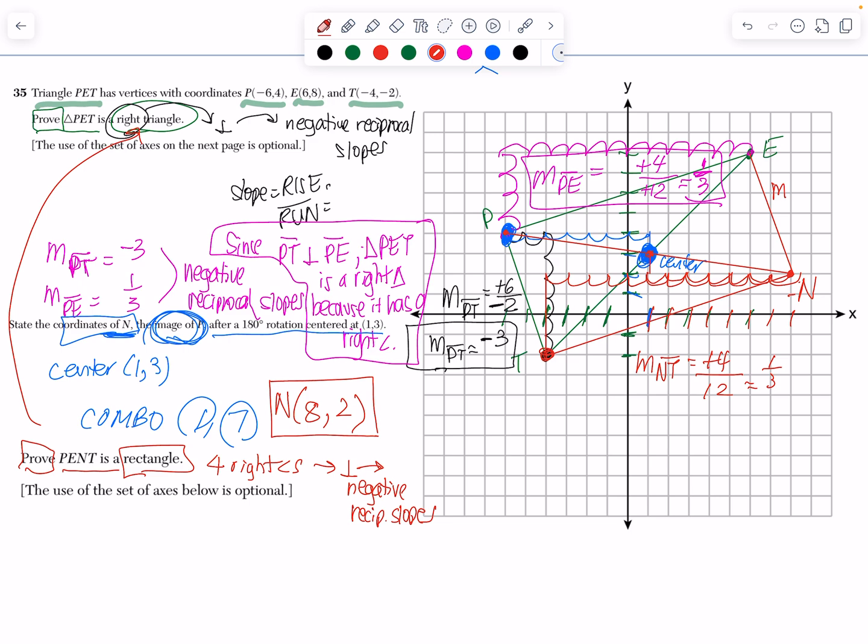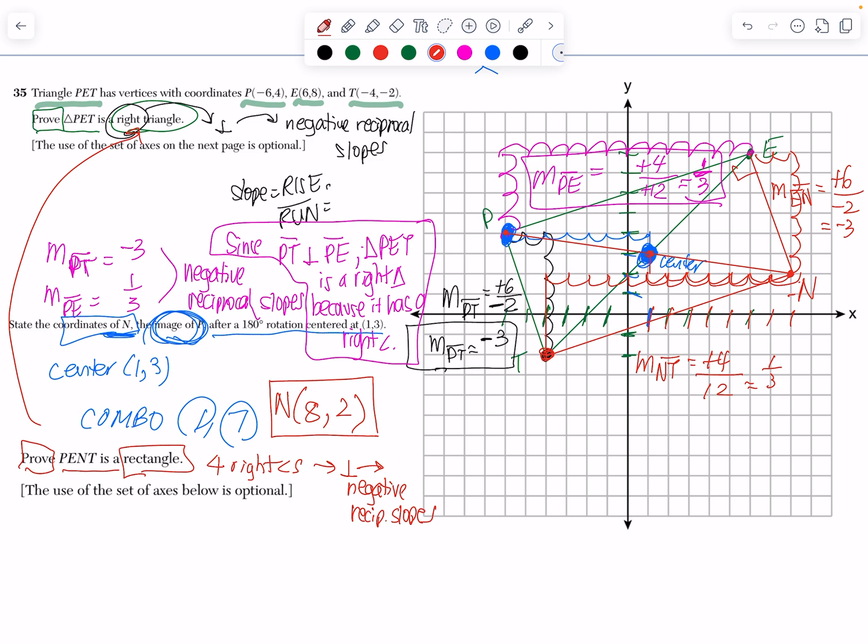And the slope of EN: 1, 2, 3, 4, 5, 6. We went up 6, and then to the left 2, so -2, and that reduces to -3. So the slope was 1/3 here, and -3 here. The relationship between them is negative reciprocal slopes, so therefore we have a right angle here.